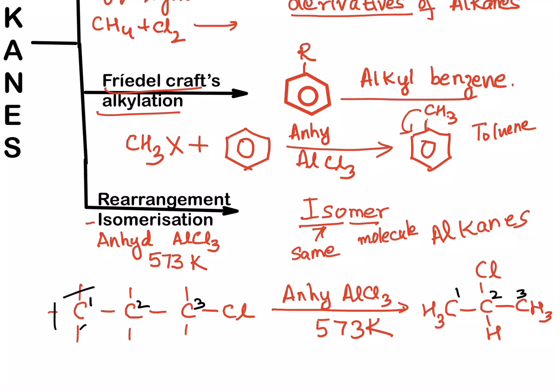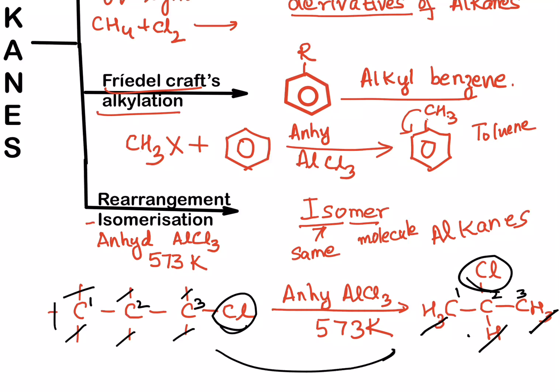Check hydrogen, 1, 2, 3, 4, 5, 6, 7. 3 plus 3, 6 and 1, 7. 1 chlorine, 1 chlorine. So, if you notice over here, the formula has remained the same, but the structure has changed, and that is why they are called isomers, compounds having the same molecular formula but differing in the arrangement of their atoms.